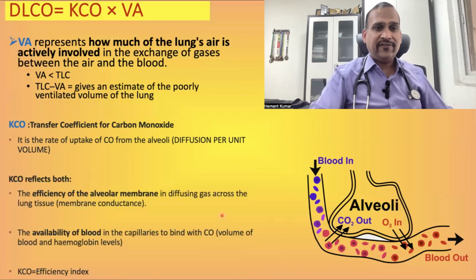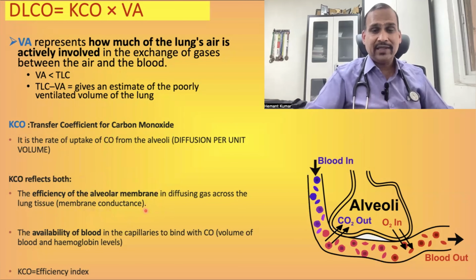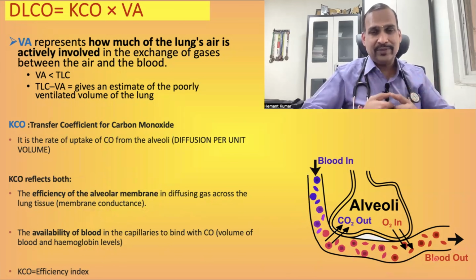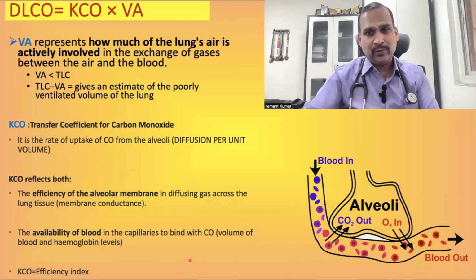So it reflects the efficiency of the alveolar membrane for diffusion of oxygen or carbon monoxide, then the availability of blood, how much blood is flowing. If more blood is there, more diffusion will be there. Then the amount of hemoglobin: the more hemoglobin, the more binding of carbon monoxide to hemoglobin.